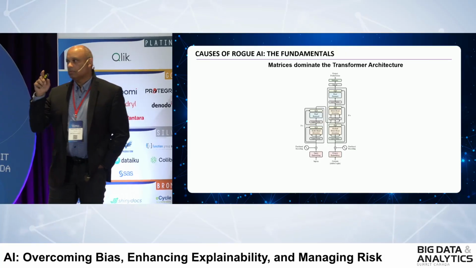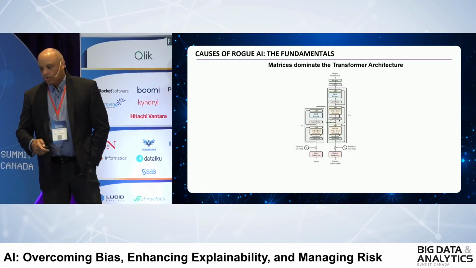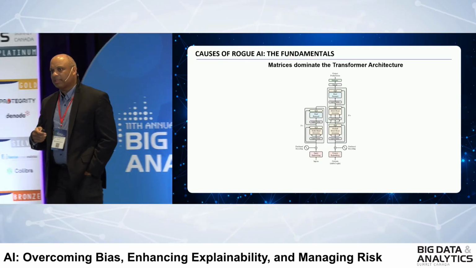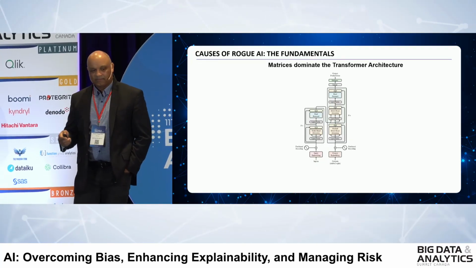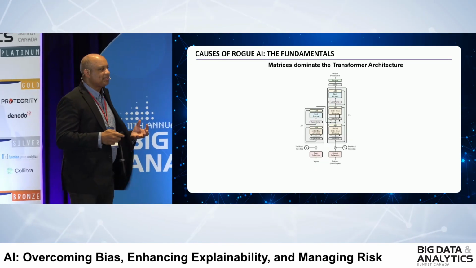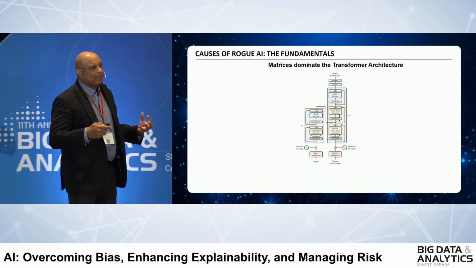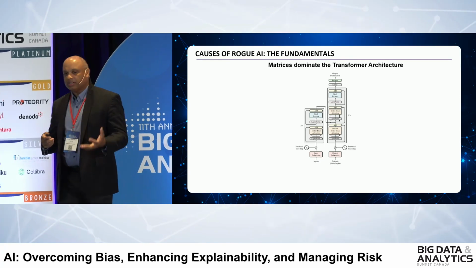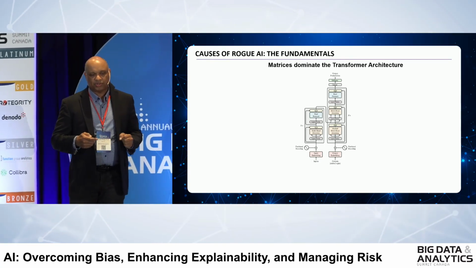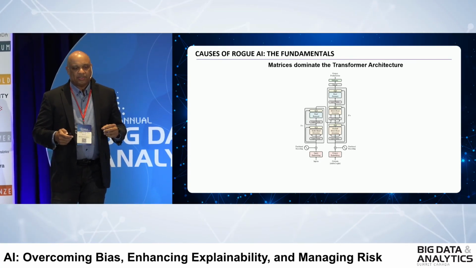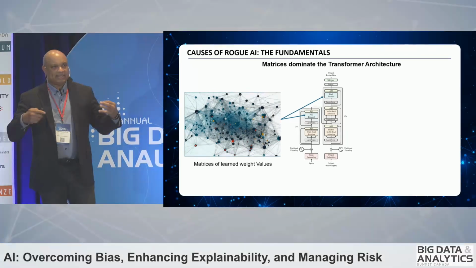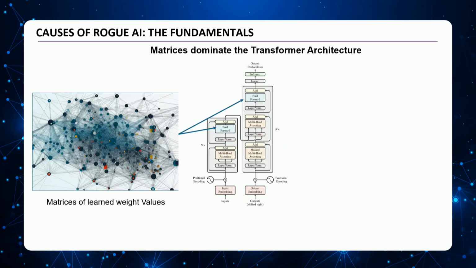So, why does this happen? Well, the answer is complicated, but I'm going to try to explain this before you have to go for dinner. The reason this happens is that in generative AI, we use something called a transformer architecture. This was invented by Google back in 2017, and it looks like what you see on the screen. The interesting part is that the knowledge enveloped in this architecture is in the form of matrices.